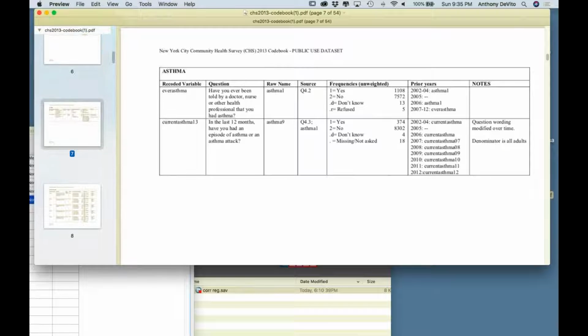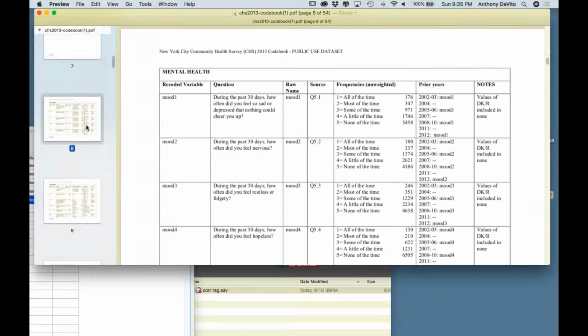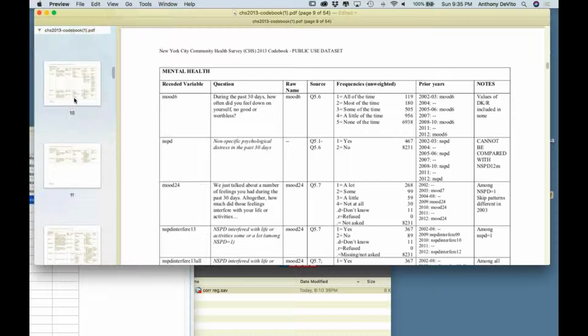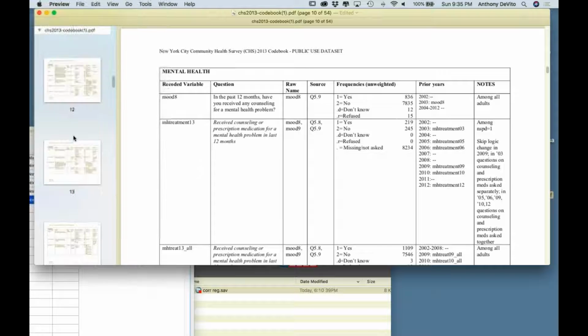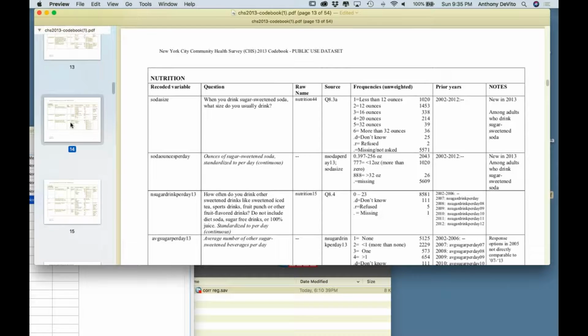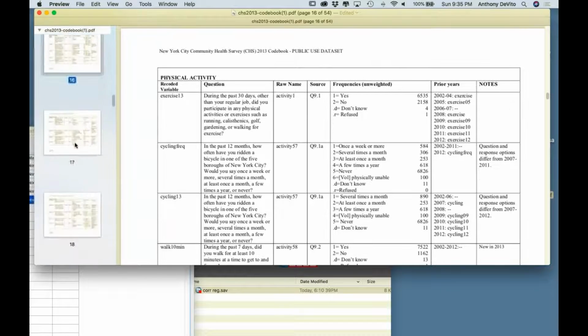Here's one. Have you ever been told by a doctor or other health professional that you have asthma? That is a yes or no question. Ever asthma is the variable, and one means yes, two means no. So I'm going to look for another categorical variable which might be associated with asthma.